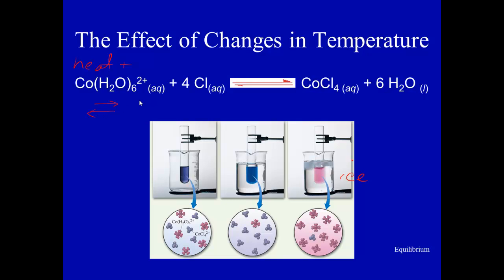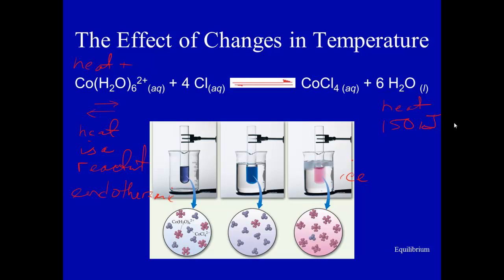Now that's if heat is a reactant. And if heat's a reactant, it is endothermic because you are putting heat in. If heat is a product, sometimes it'll say heat, sometimes they may say 150 kilojoules.